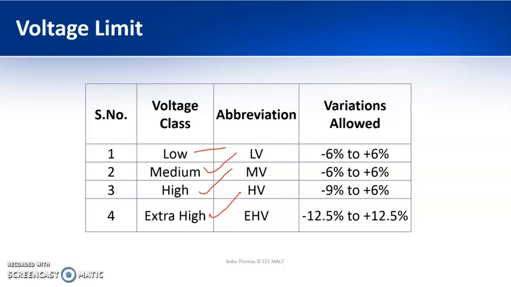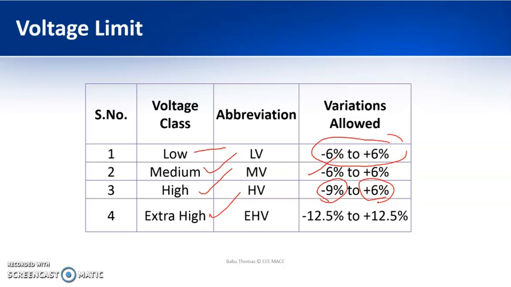For low voltage it is plus or minus 6%, both on the lower side and the upper side, and the same prevails for medium voltage. But for high voltage it is minus 9% on the lower side and plus 6% on the upper side, and for extra high voltage it is again plus or minus 12.5%. That is the variation which is allowable for that particular value of voltage.